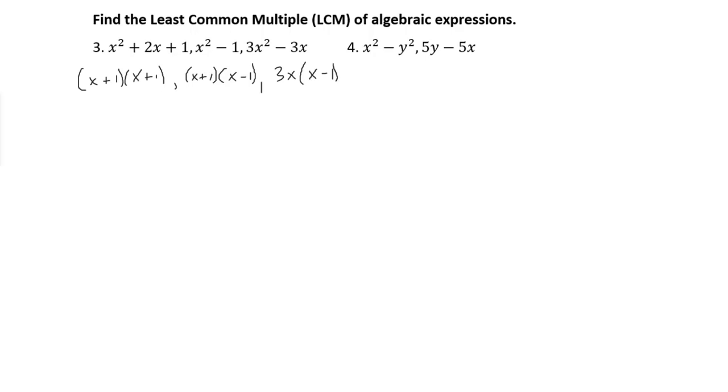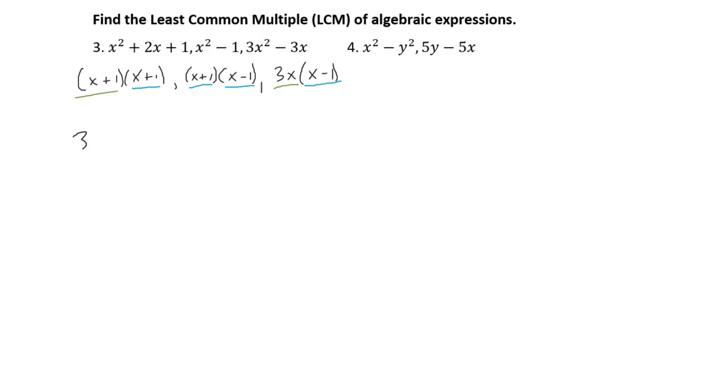And so now we can see what they have in common: we have an x plus 1 that's there, and an x minus 1 that's there. But then we have these additional ones here and here, which are only represented once. So we just need to make sure that when we're writing it out, each one is counted.